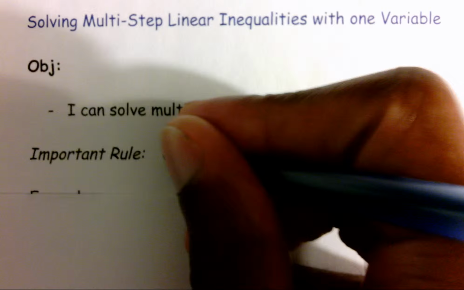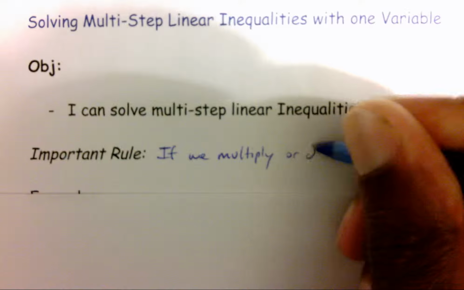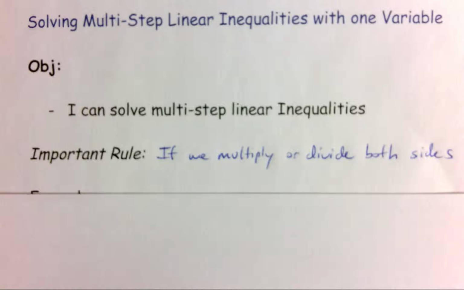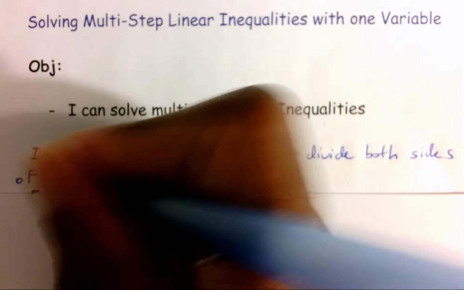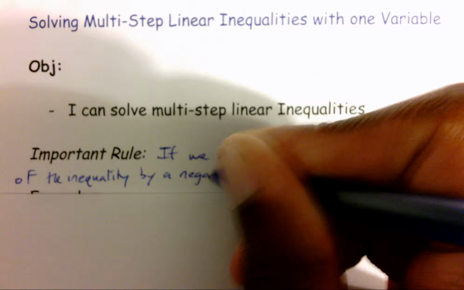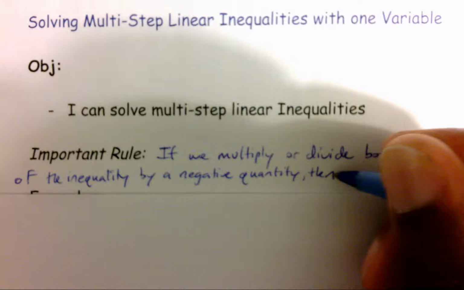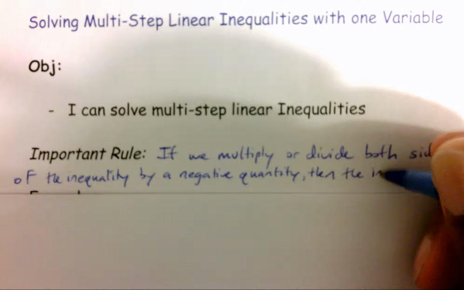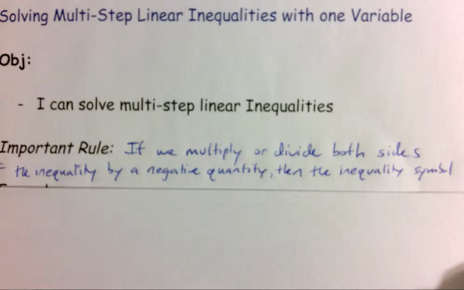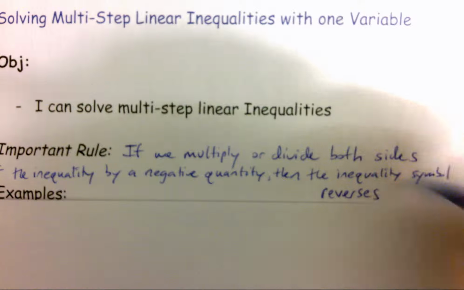Okay, so this rule is: if we multiply or divide both sides of the inequality by a negative quantity, then the inequality symbol reverses. It flips, it changes directions.